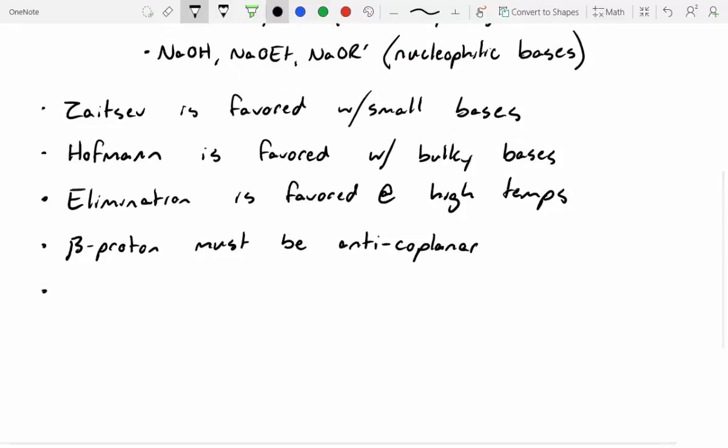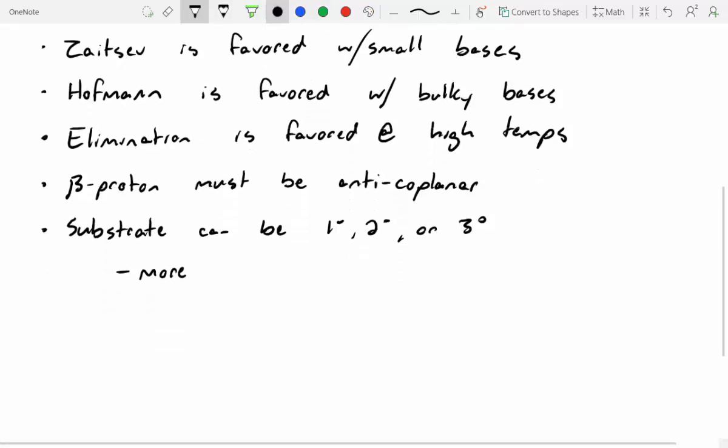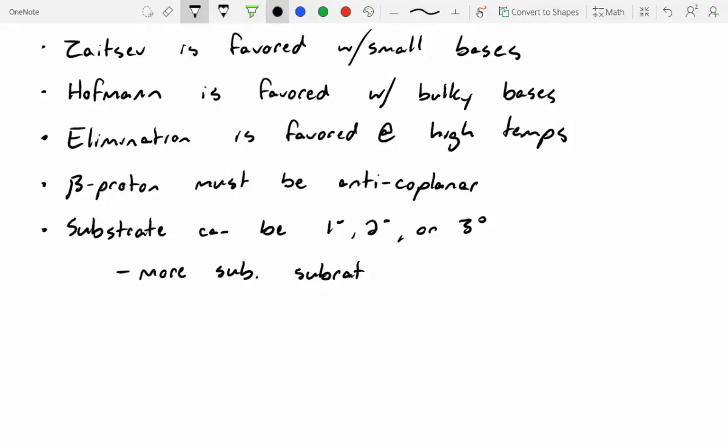So let's make a note of that: substrate can be primary, secondary, or tertiary. And we know that more substituted substrates have faster E2 rates, and we said that that's due to hyperconjugation.